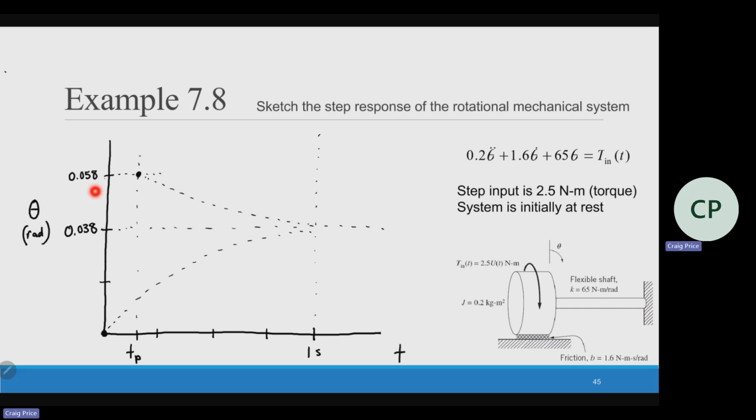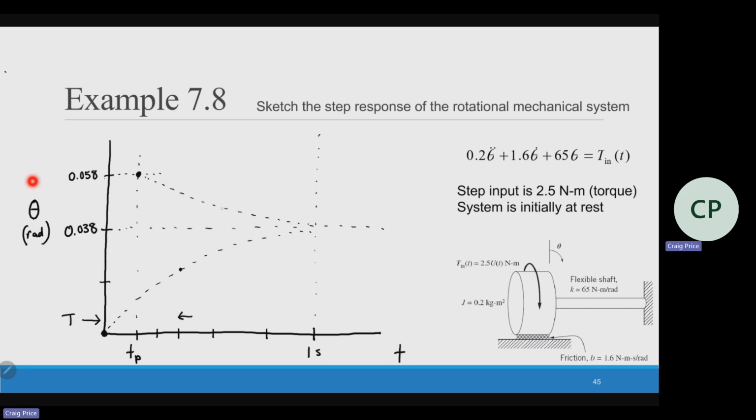So I'm starting at 0. These waves are going to get smaller and smaller until I reach steady state at 1 second. My period is 0.35. That would be maybe like here. So from here to here is 1 period, 0.357 seconds.